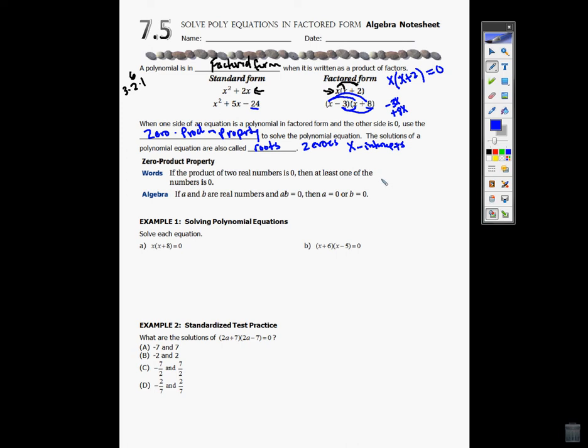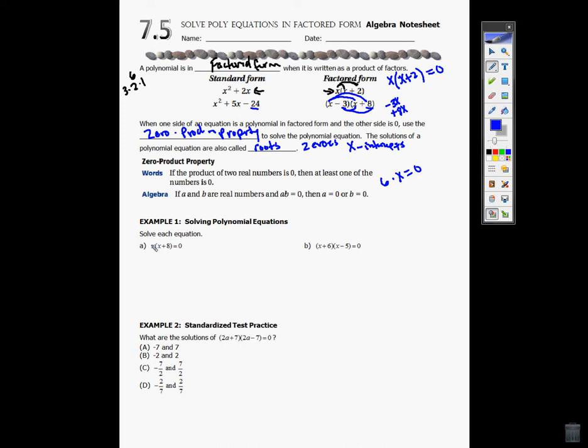So it's the idea that if I have 6 times something equals 0, that something has to be a 0. Two numbers multiplying, I don't know what the numbers are, but I know that one of them has to be a 0. Okay, so this can get extended to not just talk about single numbers, but to talk about polynomials.